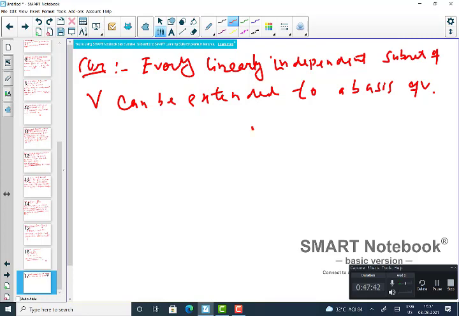And if you start with a linearly independent set L, then we know the replacement theorem applies. We just proved it. It makes sense, right?